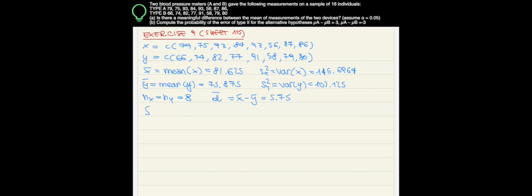So our null hypothesis is: is this distance between the two means equal to D0, which is 0? Is it 0 or is it not 0? So D different from D0. Recall that D is the population mean of X minus the population mean of Y. I hope you recognize this case at this point.